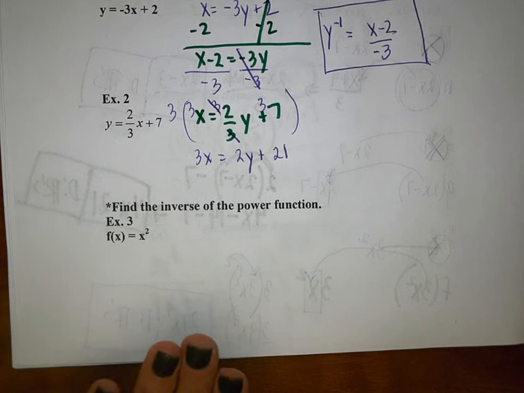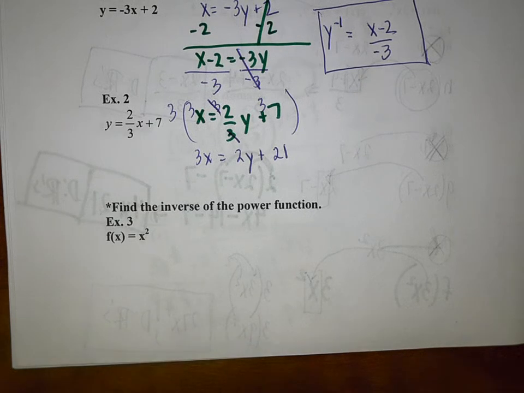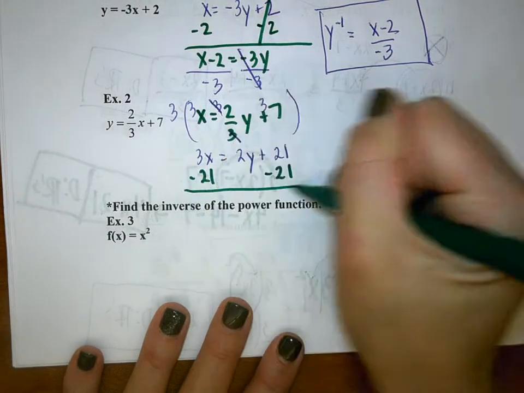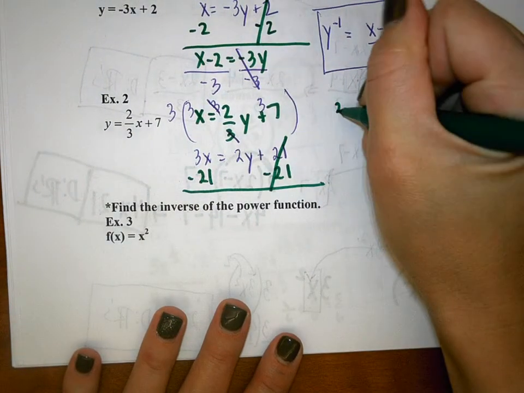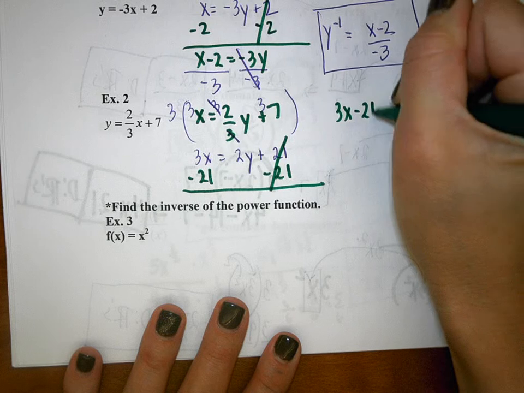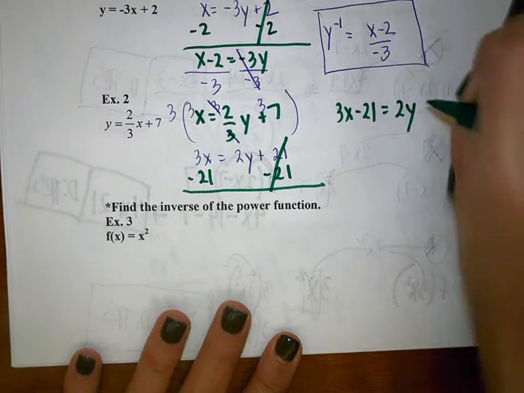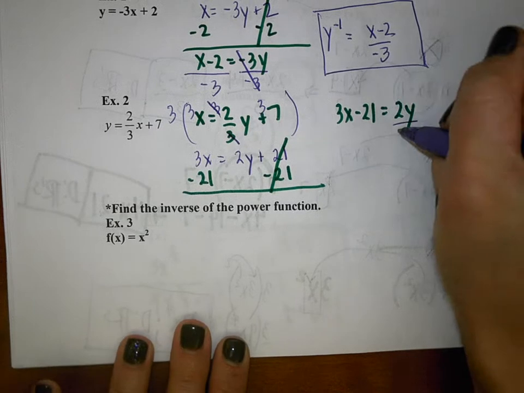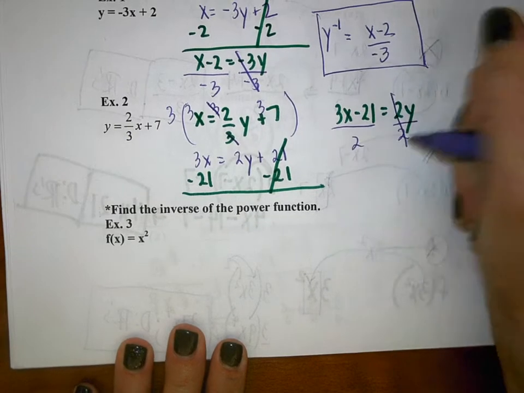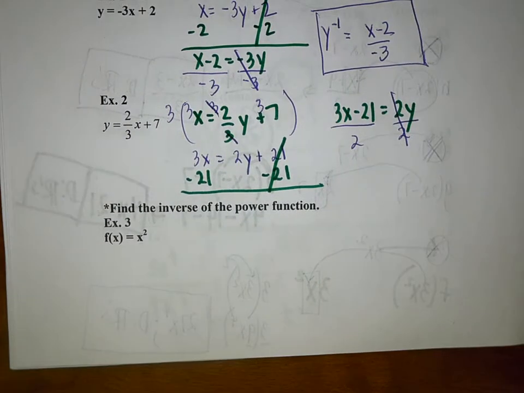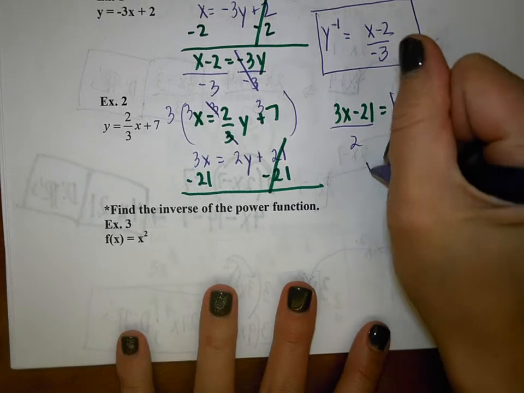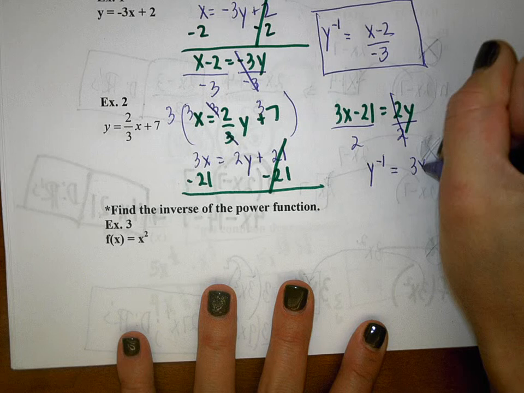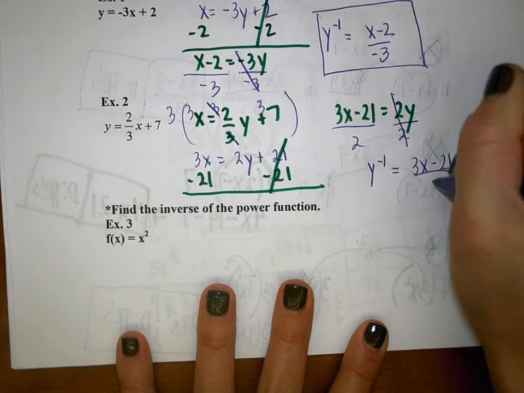Again, we're trying to get y by itself. So my next step is to subtract 21 from both sides. So I have 3x minus 21 equals 2y. And then the last step is to divide by 2 so that y is all by itself. When I write my answer, I write y to the negative 1 equals 3x minus 21 all over 2.